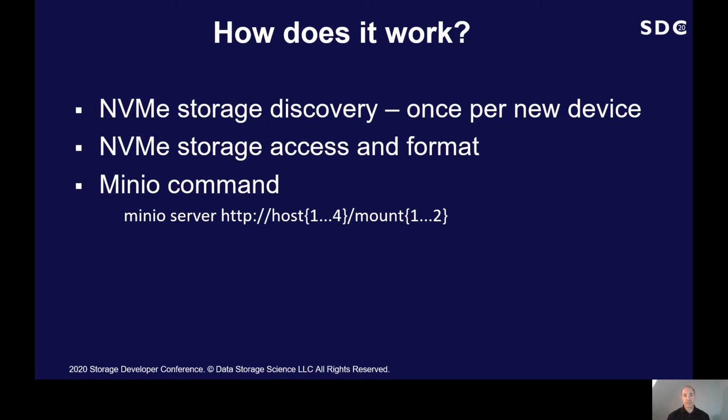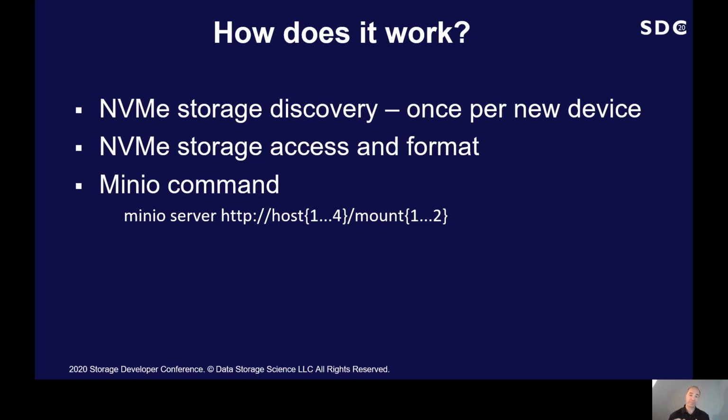Then you get access to the storage devices that are provisioned to each client, and you format them into file systems in this case. And then you run this one MinIO command at the bottom, and that is the exact MinIO command that I used, which basically says, run MinIO as a server, use the following hosts as cluster members, and use the following file systems on those hosts as storage devices.